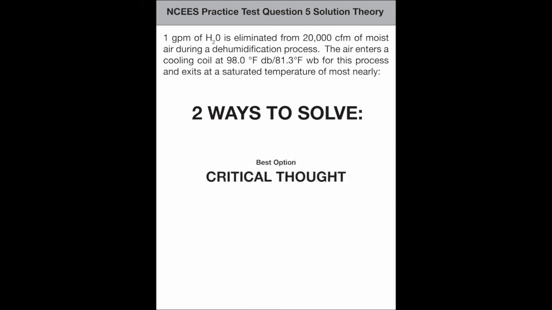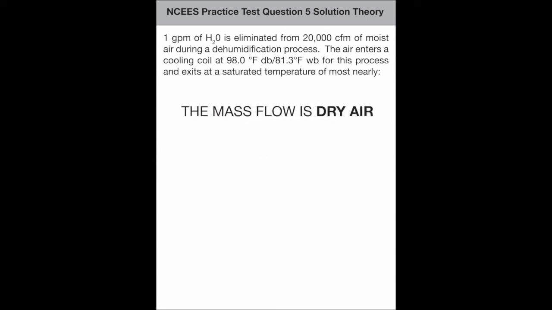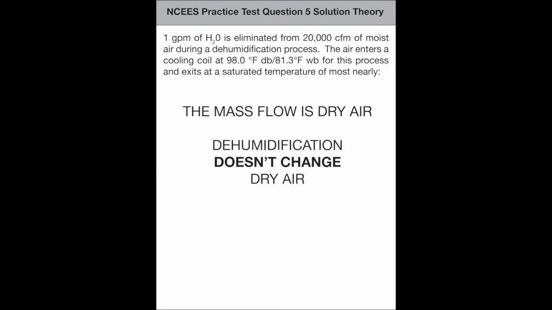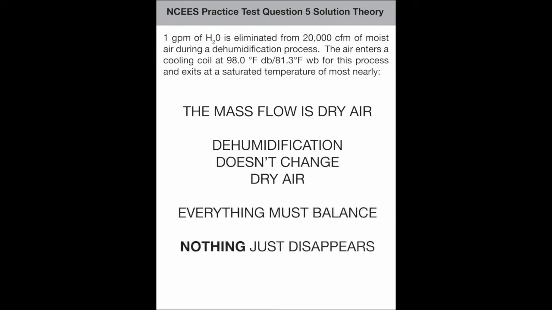Or you could use critical thought. Here's the critical thought option. Remember, the mass flow is dry air. Dehumidification won't change dry air. What is changing is the humidity ratio, and everything must balance. Nothing in the process simply disappears.